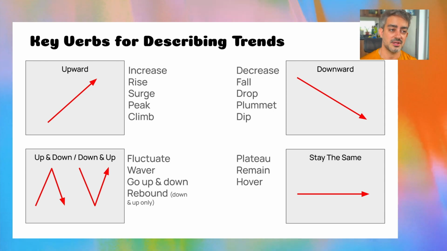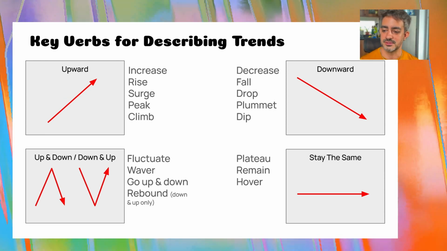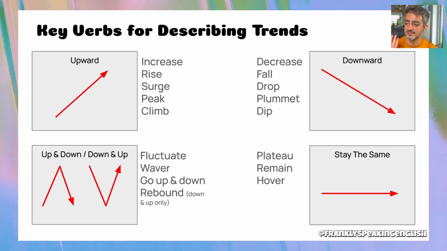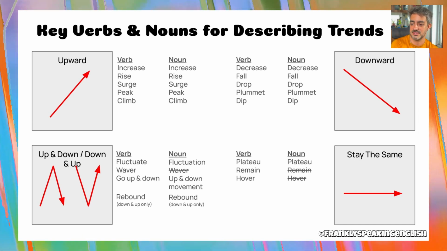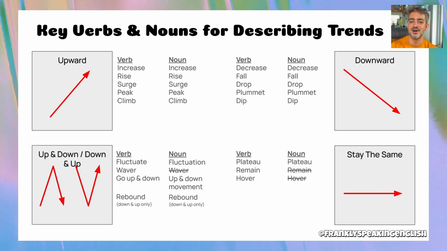So sometimes you want to use a noun instead. Don't be overwhelmed. All of these verbs also have nouns, and you can use a verb sometimes and a noun form sometimes. Please pause the video and either take some notes or take a screenshot so you can study this later.